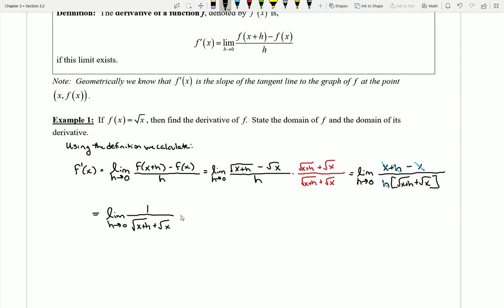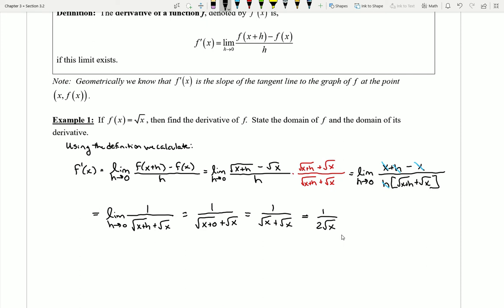So I'm going to directly substitute, and that's going to give me the square root of x plus 0 plus another square root of x. This is just going to be the square root of x plus another square root of x in the denominator, which we could write as 2 square roots of x down there.